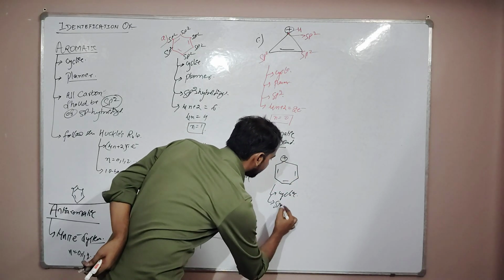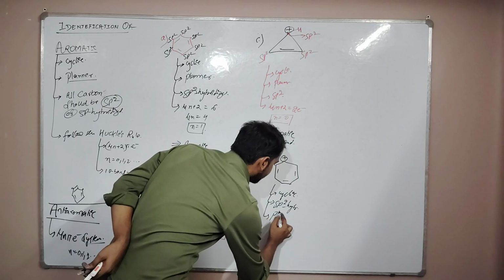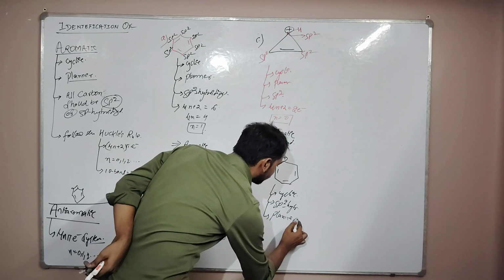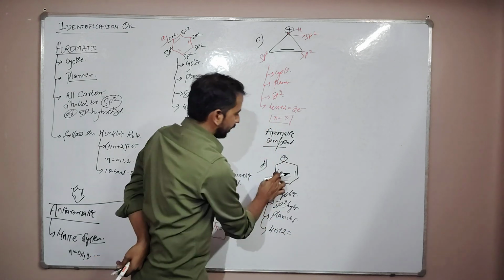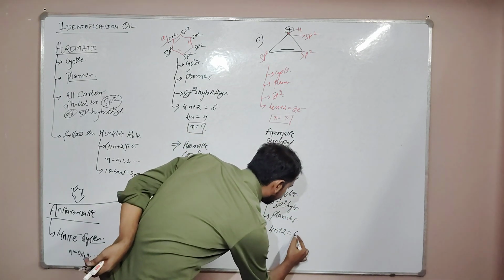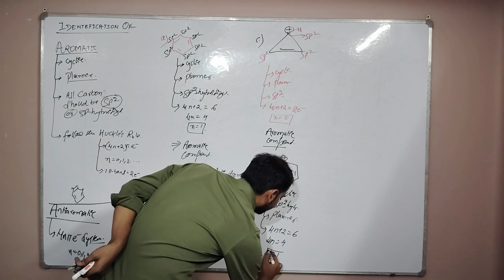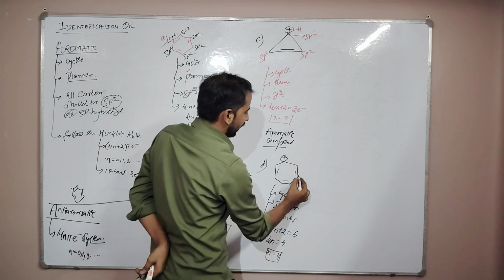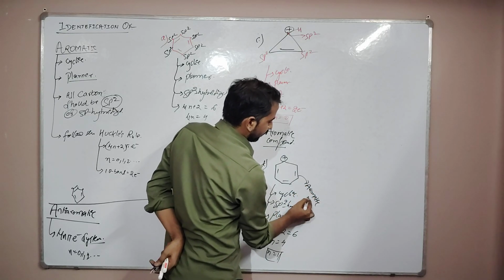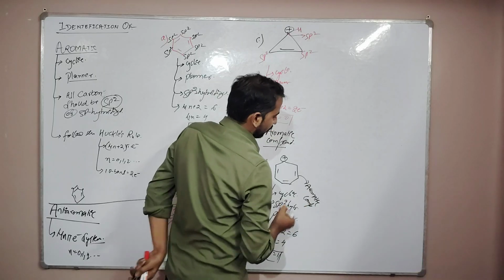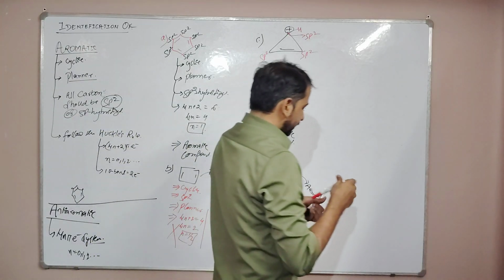It means all carbons are sp2 hybridized, so it is a planar compound. Now 4n plus 2 is equal to how many electrons? 1, 2, 3. 3 pi bonds means 6 pi electrons. 4n is equal to 4, n is equal to 1. So this compound is also an aromatic compound.